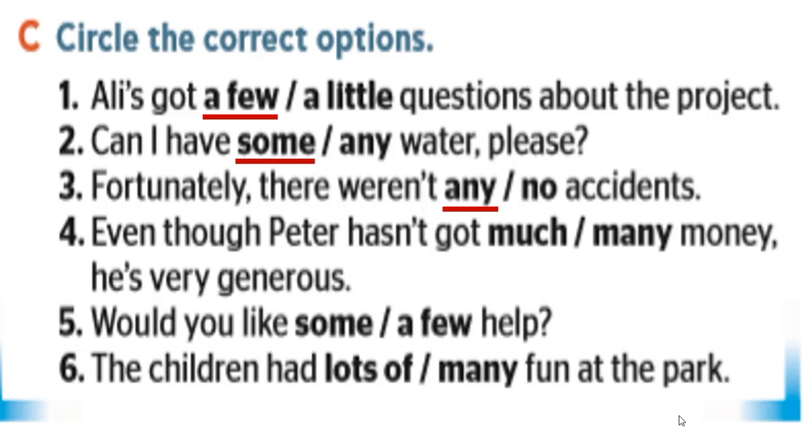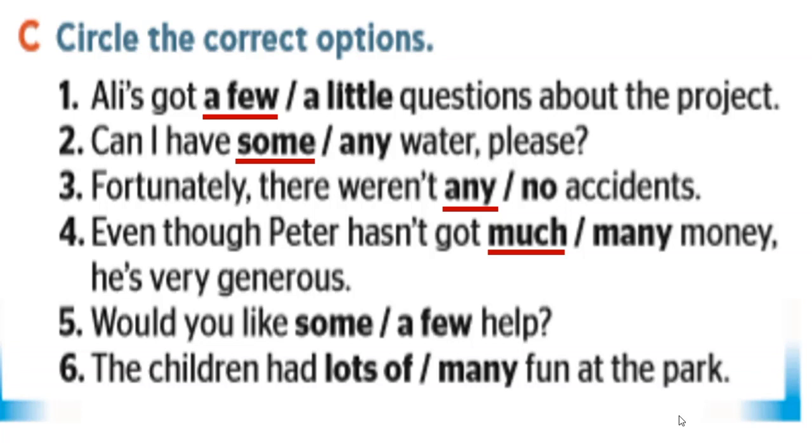Even though Peter hasn't got much or many money, he's very generous. Right? Much is used with money. Somebody might say, what about the banknote? We use reals, a pound, and any other currency is a countable noun.